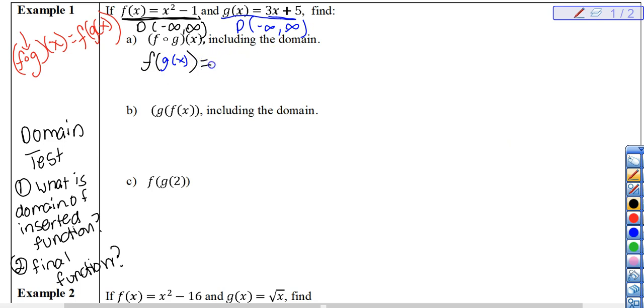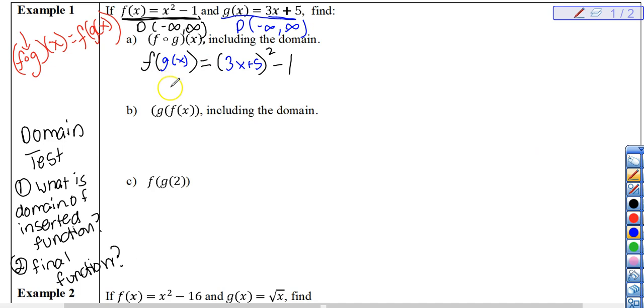So here we go. I'm going to take my f of x, which is x squared minus 1, and remove the x, but keep everything else, and insert the g of x, which is 3x plus 5. There's an interim step that I missed that I want to include.